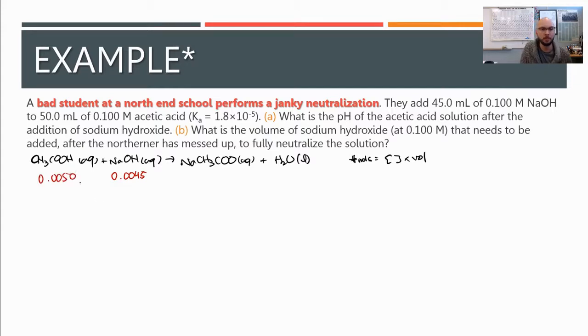Okay, so these are both moles of these substances. We can see that it's a 1-to-1 ratio. 1 mole of this would neutralize 1 mole of that. So in turn, I can recognize that I'm going to have 0.0005, right? So I'll just write this out. There's going to be excess acid because there is more moles of it.